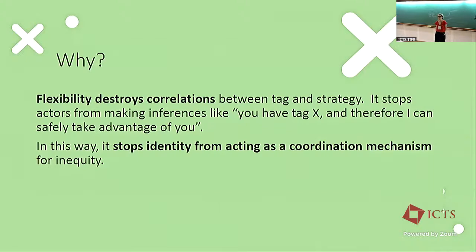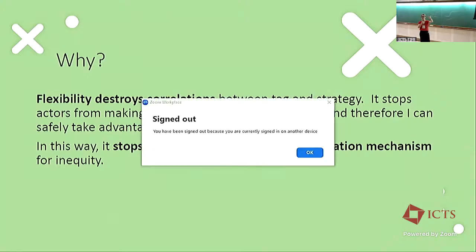All right, so basically what's happening in these models is that this kind of flexibility is destroying correlations that otherwise start to emerge between tag and strategy. So in the other models we're talking about, you end up with this correlation where, if you see that tag, you can totally predict that person's about to demand low or demand high. So you can develop these social rules that are very information carrying.